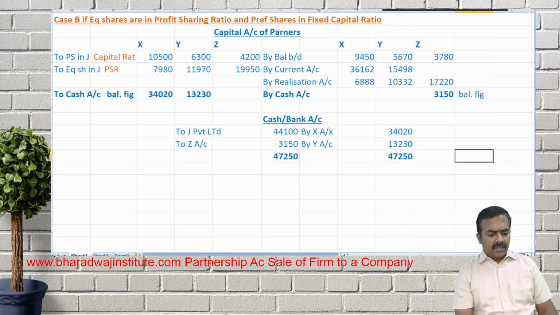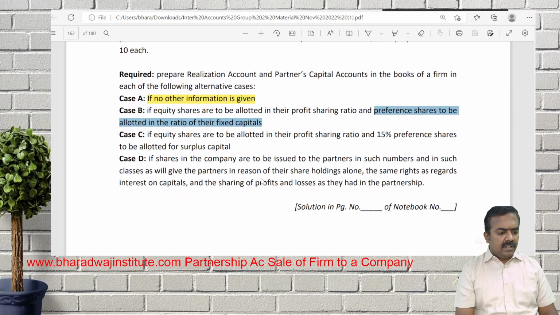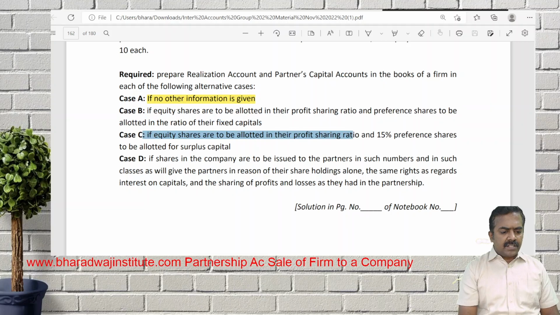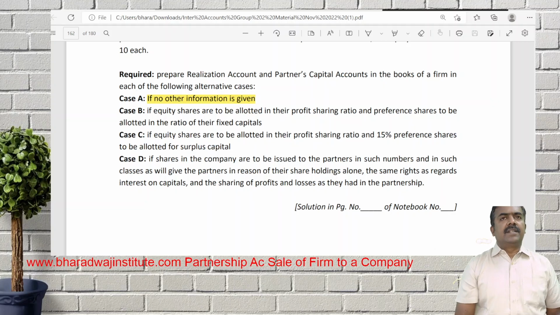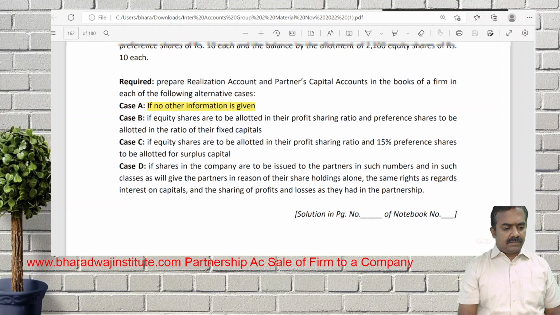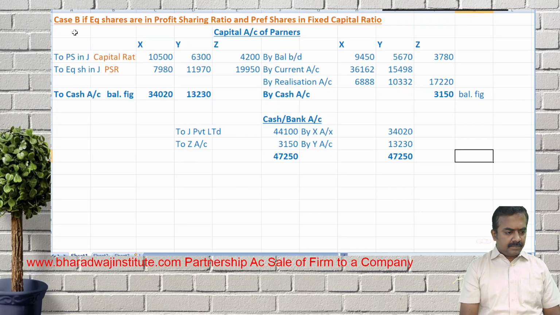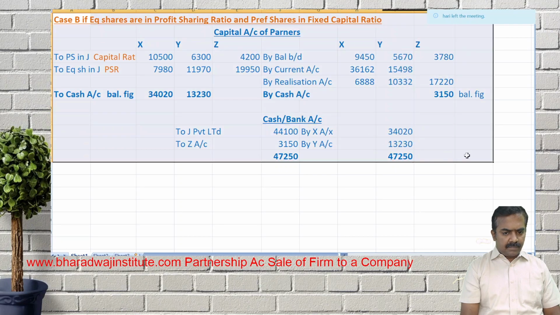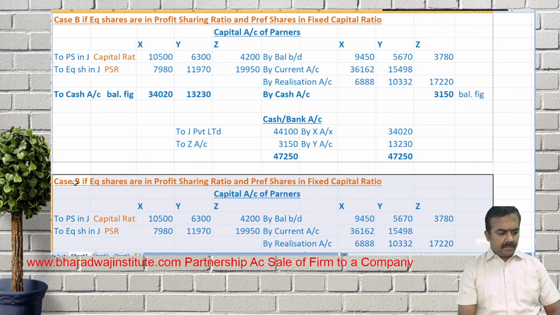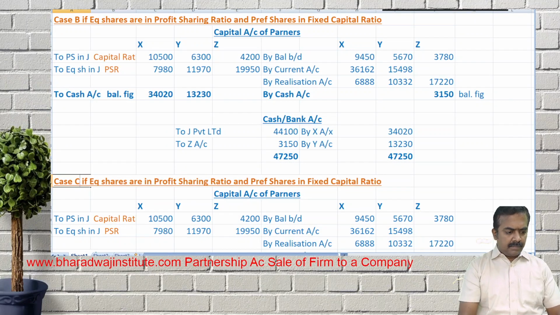Any doubt in it? Next case. Equity shares are allotted in profit sharing ratio. Preference shares are to be allotted for which capital? Surplus capital. What do you mean by surplus capital? Think and try.